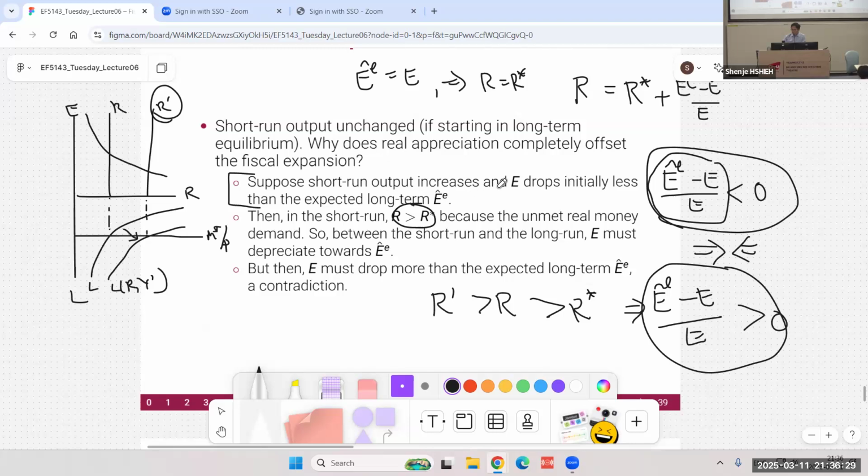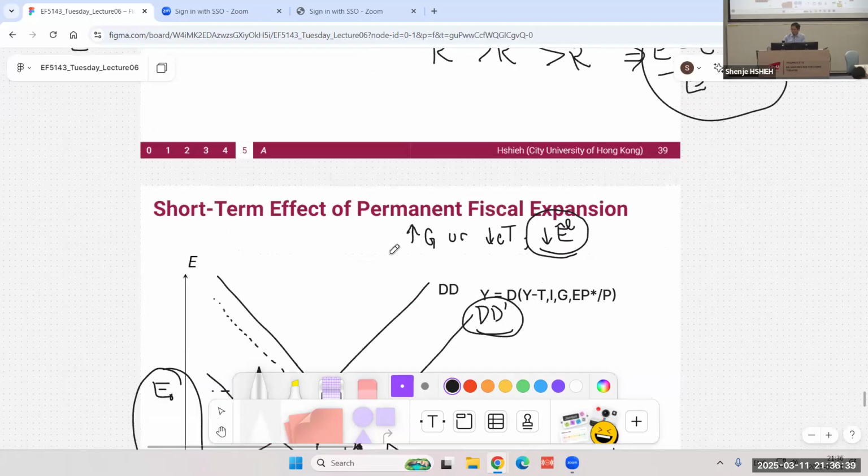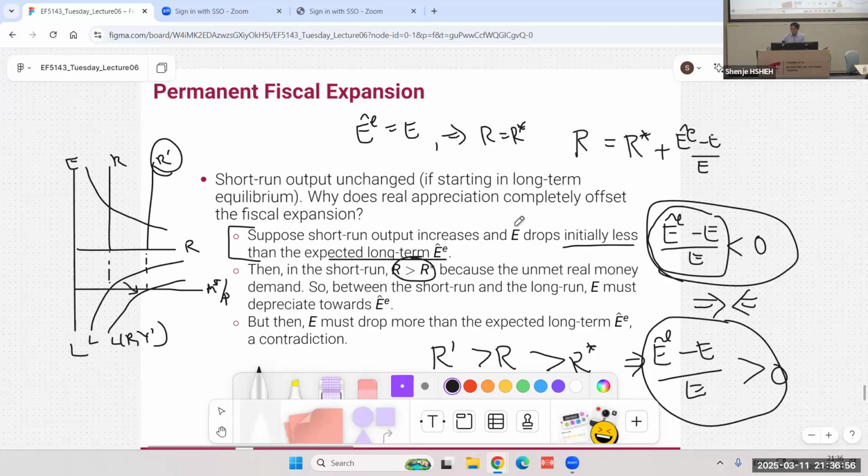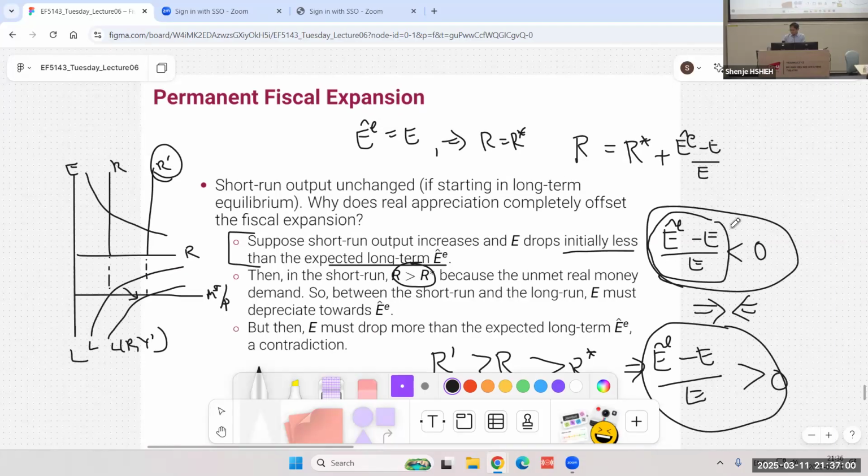So that's what this sentence is saying. Suppose the short run output increases and E drops initially less than expected long-term E. So you get an output effect, but that's only possible, according to this graph, if the change in E, from E naught to E whatever, is not enough to wipe out this Y. So if that's true, then the expected depreciation, based on the decrease in E hat E and the decrease in E, is going to be a negative number, because E hat E has decreased by some amount, but E only changed a little bit.